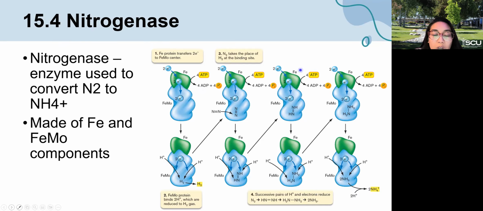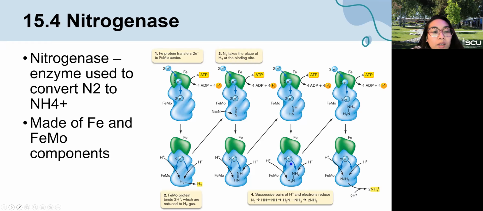So if oxygen is present, it might just suck up all the electrons. And that's obviously not good. We're trying to reduce the nitrogens here, but the oxygen will just steal all these electrons. So bacteria, when they're trying to do nitrogen fixation, will do it only when oxygen is really low, because if oxygen is super high, this enzyme's not going to work anyway.